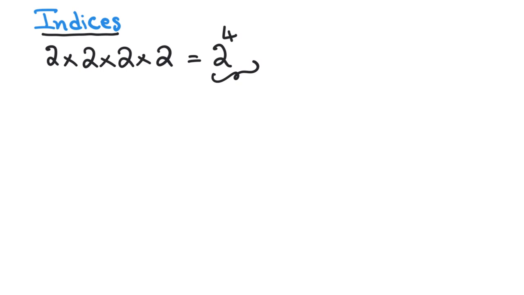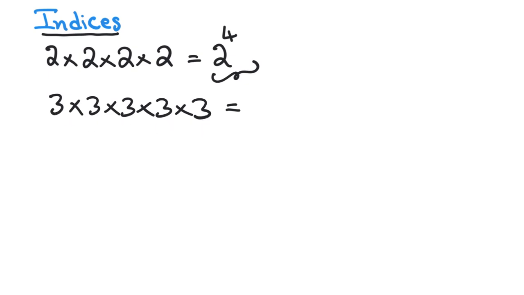Can you write down as indices 3 times 3 times 3? Let me write it down like this. Can you write this in the form of an index, as a power? So how many times is 3 multiplied by itself? 1, 2, 3, 4, 5.